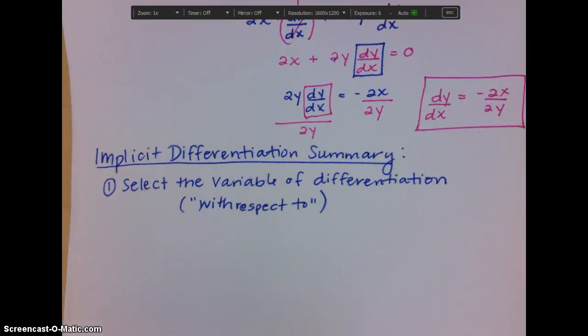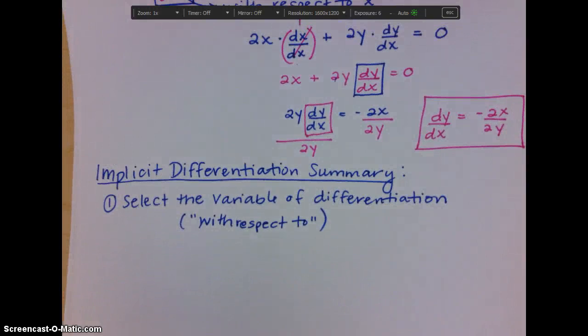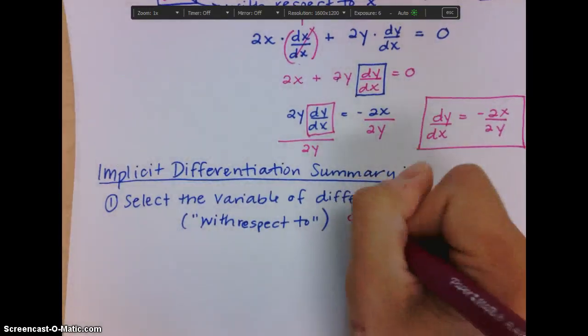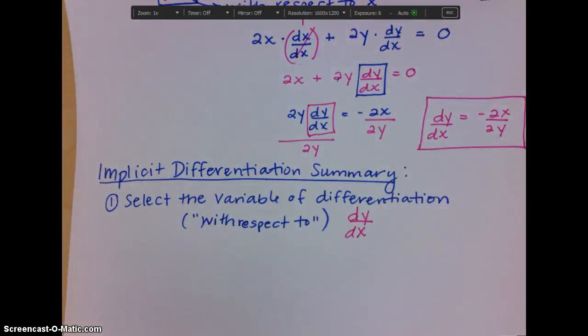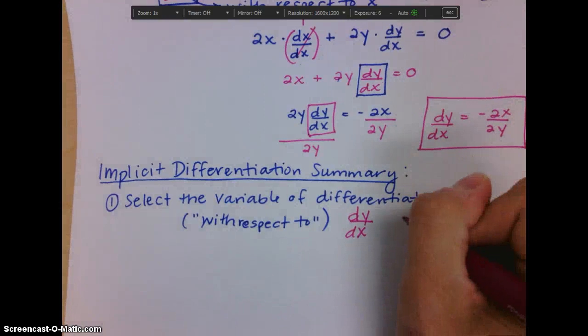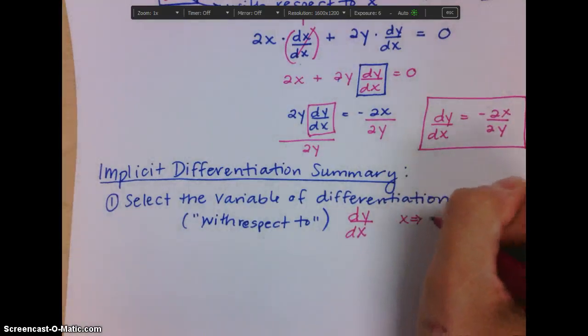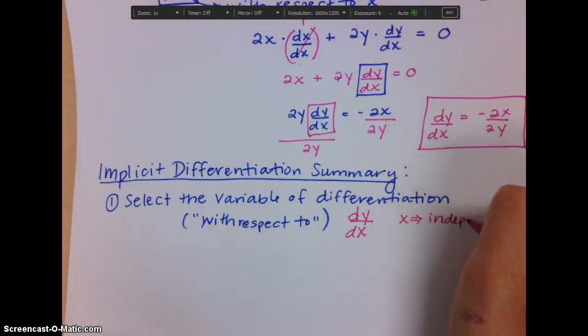And so typically, we will choose x. And so we'll take the derivative of y with respect to x. And the reason we choose x is because x is the independent variable.